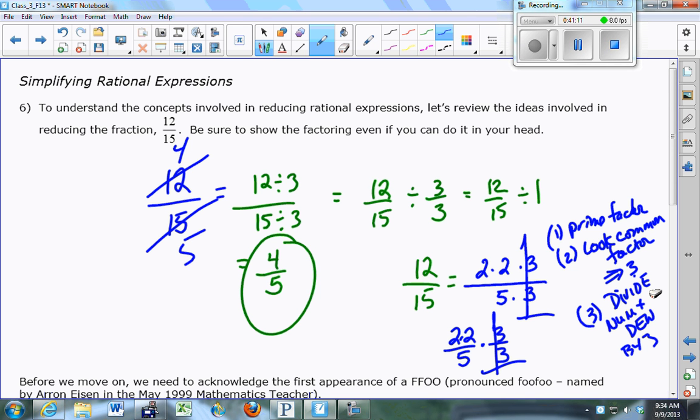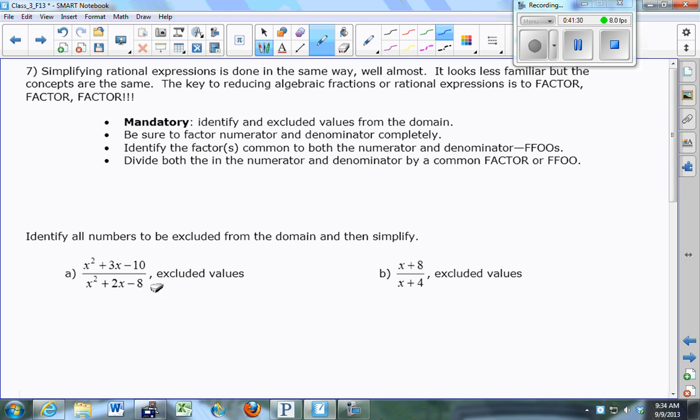Okay, here's the reason for this process. I know probably 100% of you could say 12/15 is 4/5. I hope 100%. And most of you might do something like this with the slashes. Why am I bothering doing this when it doesn't appear to be necessary? Because in 1 second, we're going to be asked to reduce these right here.